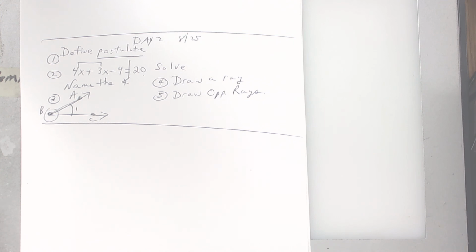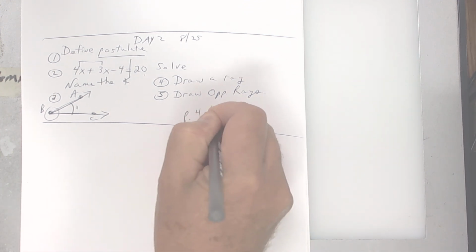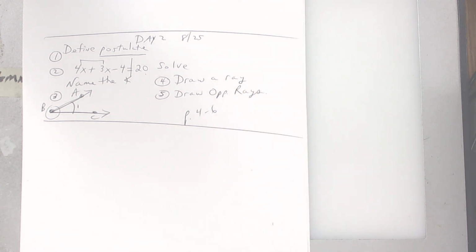Okay, I don't know if the workbook's there. All our work is going to be out of the workbook. So it looks like we're going to start on page 4 and go all the way to page 6. So page 4 to 6. And that's your bell work.